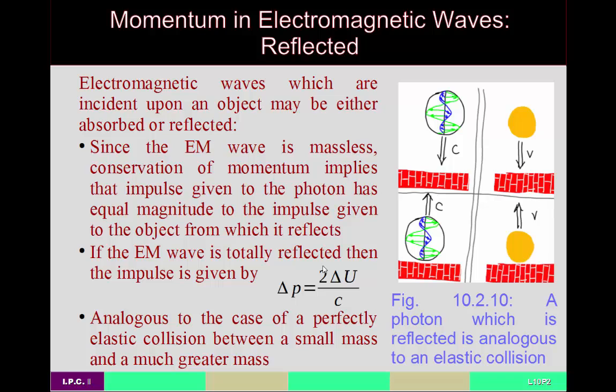And so the change in momentum ends up looking like 2 times the change in energy over c, where change in energy is the change in the photon's energy.